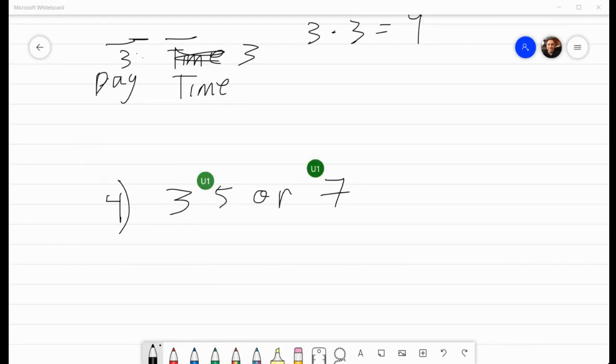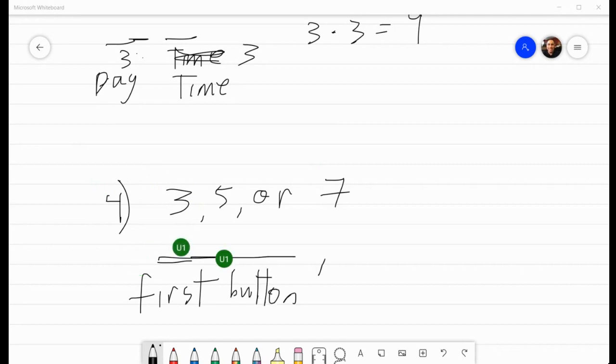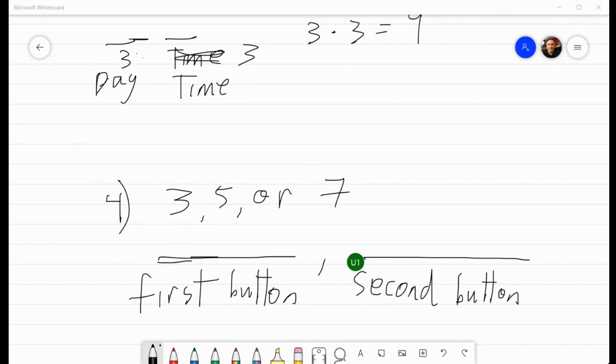Those are the possible numbers we get from the program, right? And you're pressing the button twice. So this is from the first button you press. This is your output. And from the second button that you press, each of those has 3 possibilities.